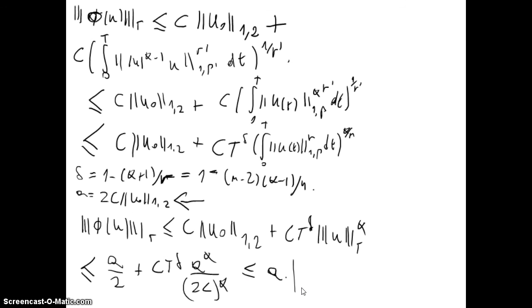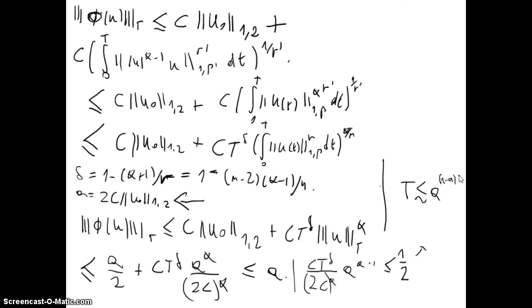And we will say that if t is sufficiently small, then we get that c t^delta over 2c to the alpha, times a^(alpha minus 1), is less than or equal to 1 half, and then we will have that t is less than or equal to a constant times a^(1 minus alpha) to the 1 over delta.